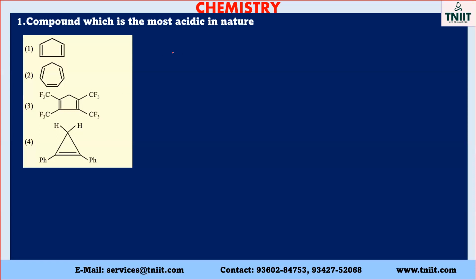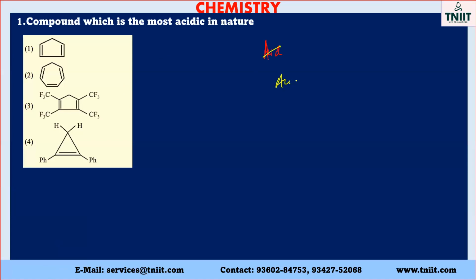Now you should remember, the acidic nature of a compound is defined using the stability of the conjugate base, which is formed when H+ is lost from the acid. Now we understand that conjugate acid-base concept.